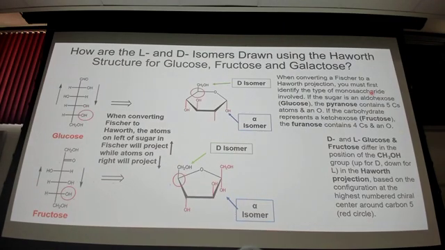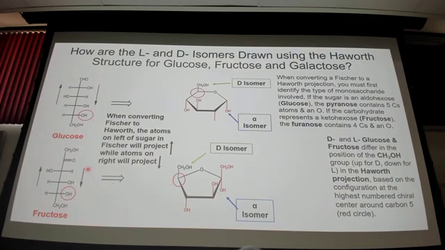Someone asked how to generate the Haworth structures from the Fischer projections. This will not be on the test either, but here are the Fischer projections for glucose and fructose. Remember, since the hydroxyl group is on the right side for both, that is the D isomer, right?